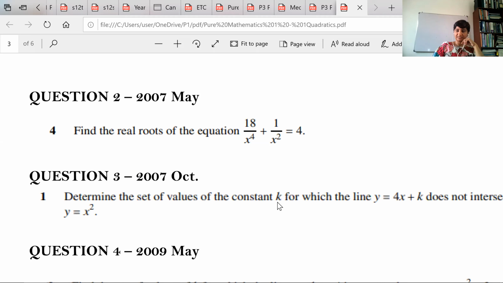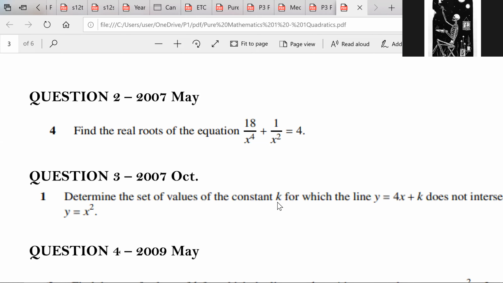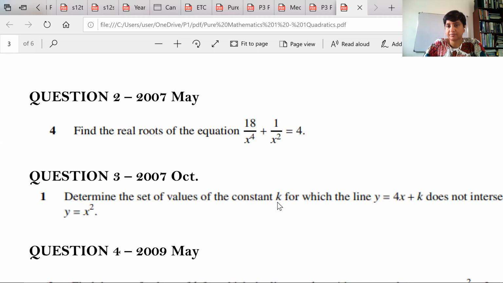I think the time should be enough by now. Oh, do you get plus or minus 3.5? Yes, miss. Okay. Right. Plus or minus 3.5.